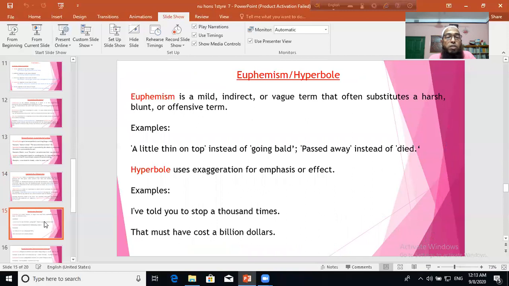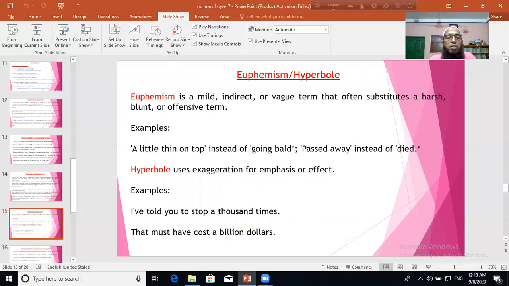So, subjective and objective. Now see euphemism and hyperbole. These are two literary terms. Euphemism is a mild, indirect, or vague term that often substitutes for a harsh, blunt, or offensive term. That means when you use a pleasant word to express harsh or offensive words, that is called euphemism.